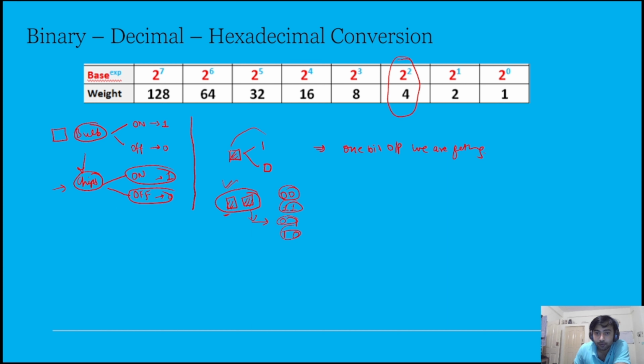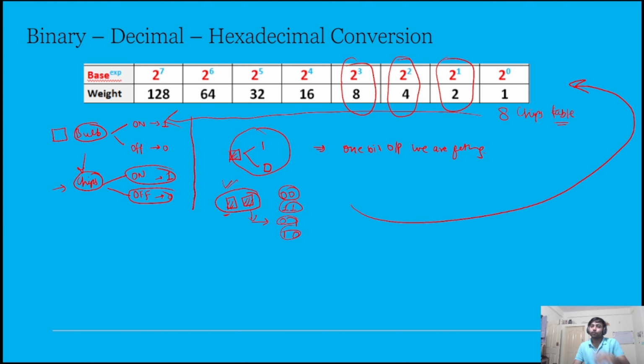If we are using one, we have two. If we are using three, we have eight. So like this we have an 8-chip table, because this is how this table is formed. We need to memorize this table for conversion between binary and decimal, and decimal to binary.